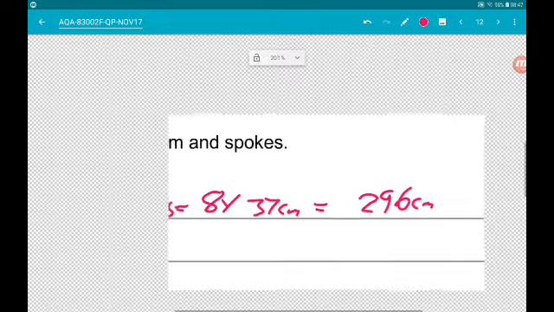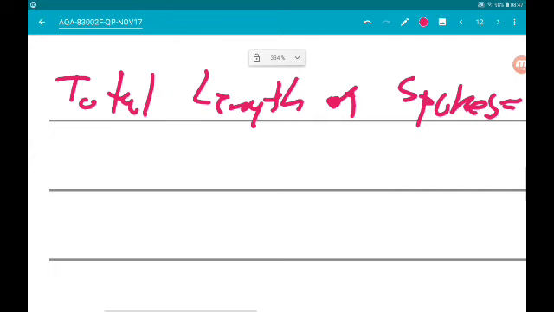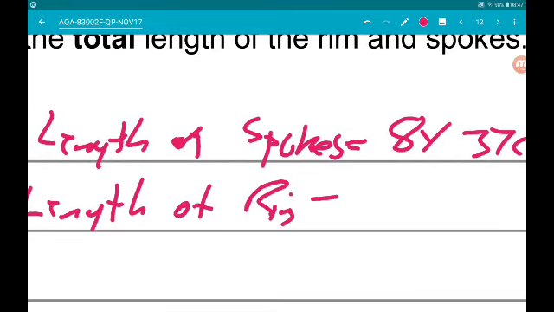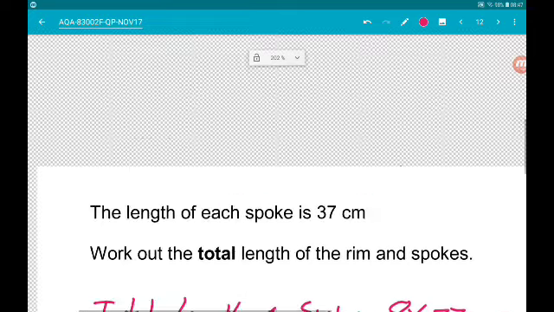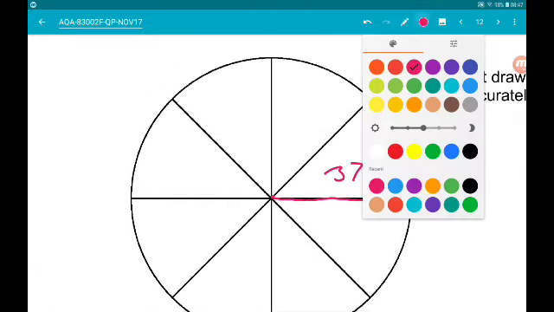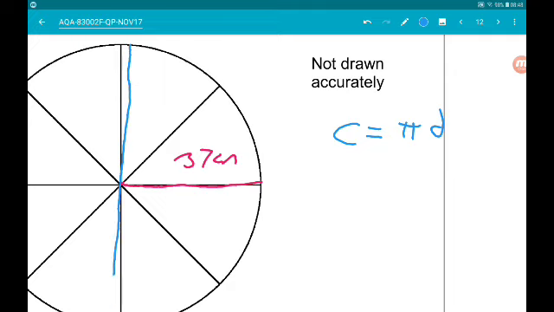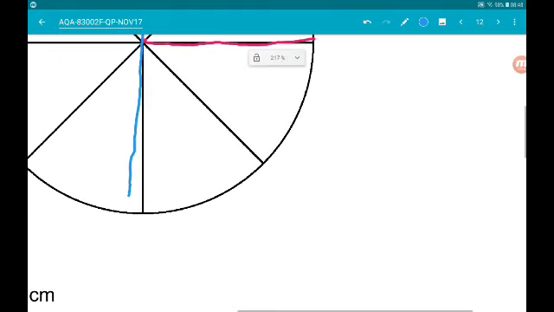centimeters. Now for the rim, well, the rim is the circumference of the circle. Now, circumference is pi times diameter. So we need to work out the diameter. So the diameter goes all the way through the circle from circumference to circumference.